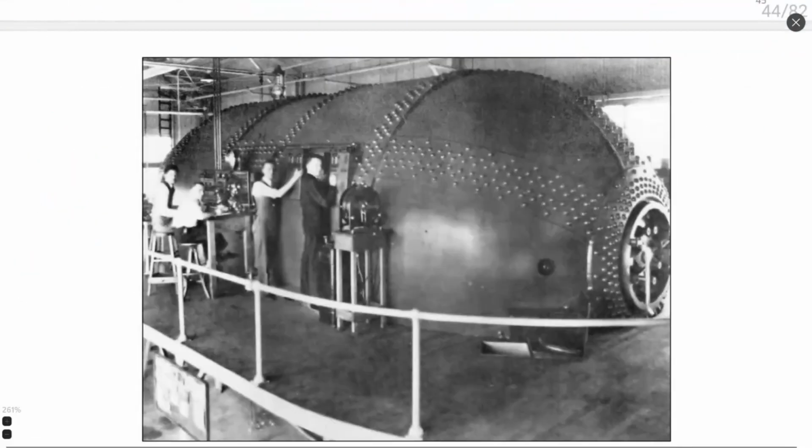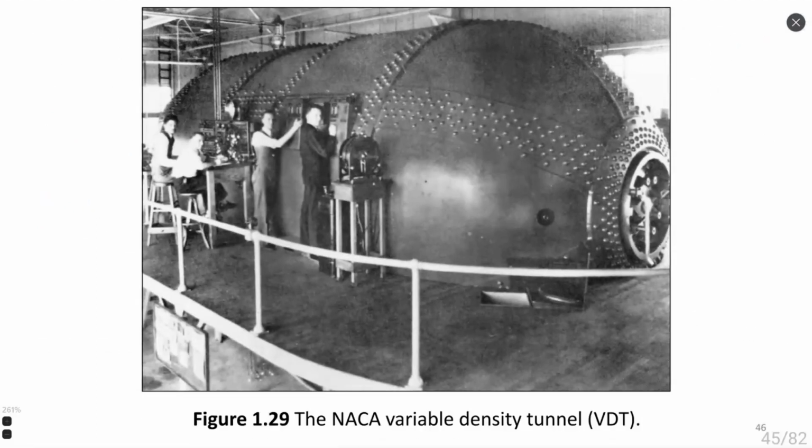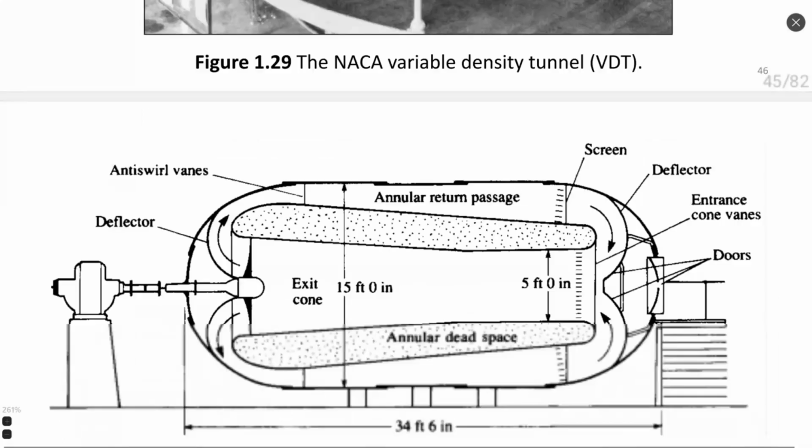This can be done with, for example, such kind of wind tunnel, which is called a variable density tunnel. It allows us to change several parameters such as temperature, pressure, and as a consequence, density. This equipment is extremely complex, extremely expensive, so it's quite valuable and difficult to operate.